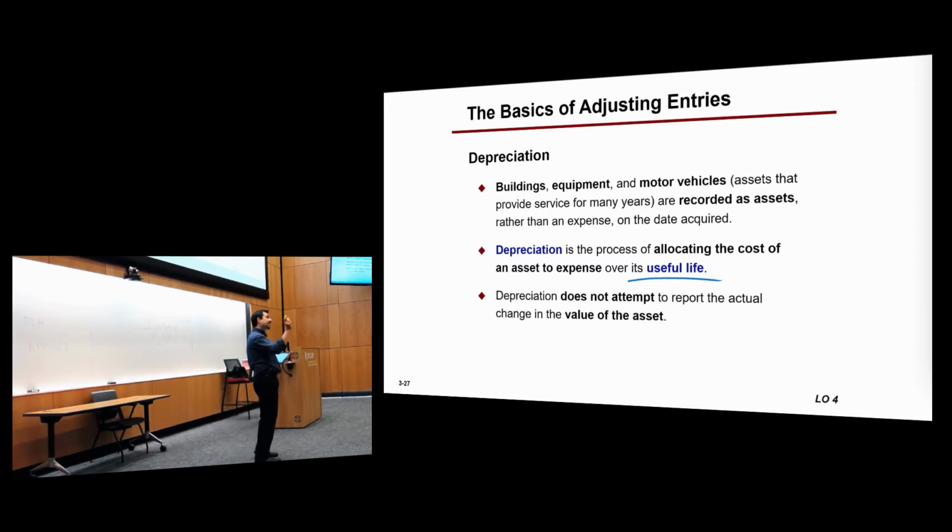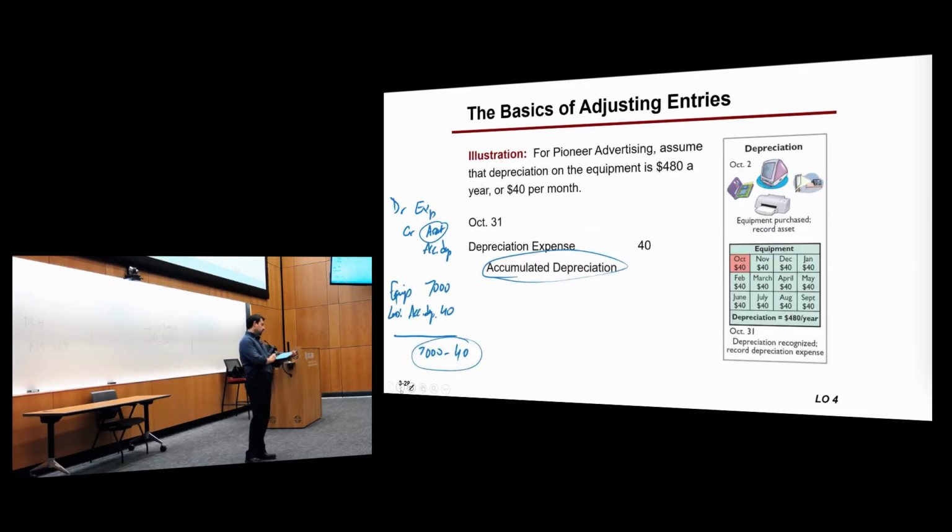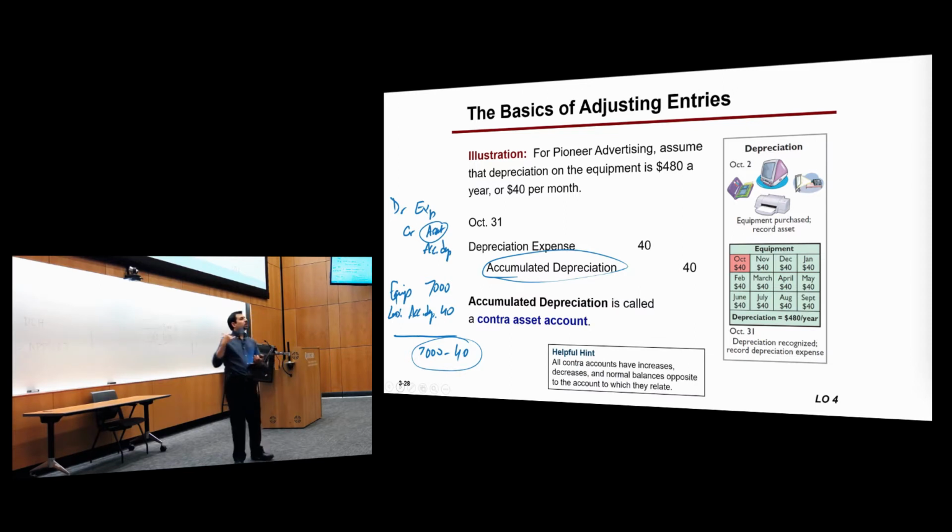So this is what we mean by depreciation. It's simply splitting the cost of an asset, usually like a building, a truck, a machine, etc., over the useful life of that asset. Useful life is how long you expect it to be used for. Okay? And now if you remember, instead of using the asset like we did with supplies, for example, where we debited supplies expense and credited supplies, right?